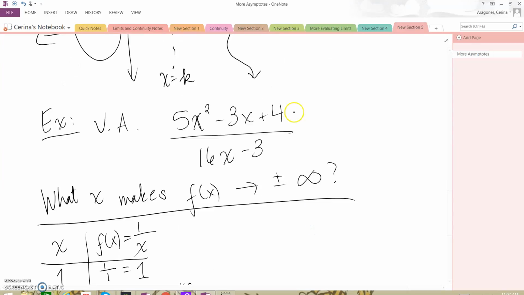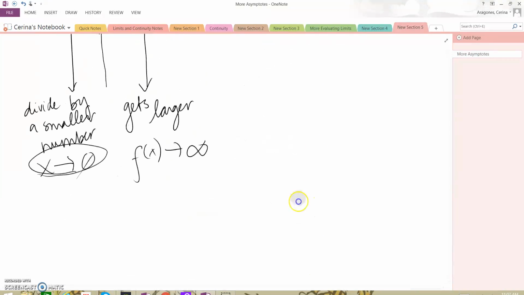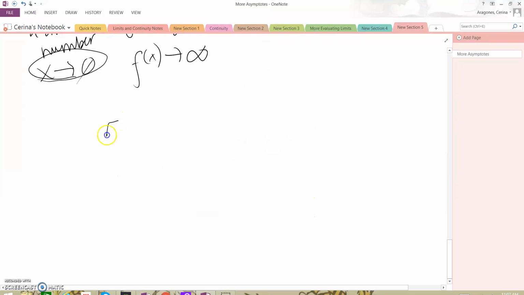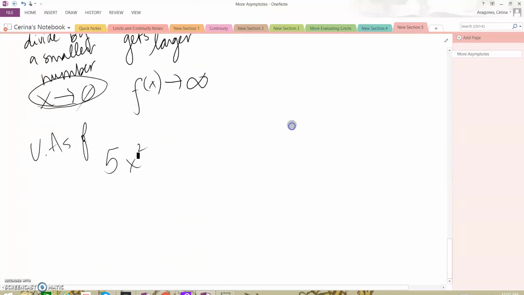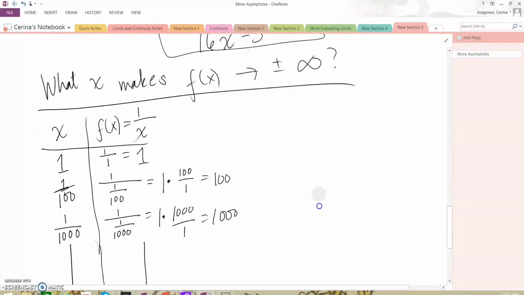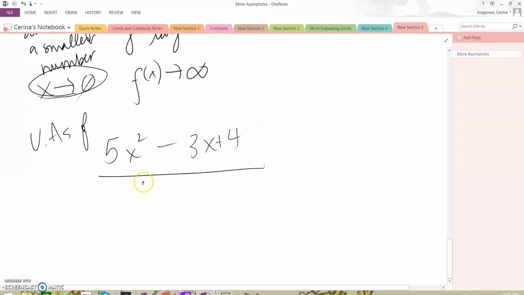So let's take a look back at our original example then. VAs of 5x squared minus 3x plus 4 all over 16x minus 3. So again, this function will approach positive or minus infinity when I divide by 0.